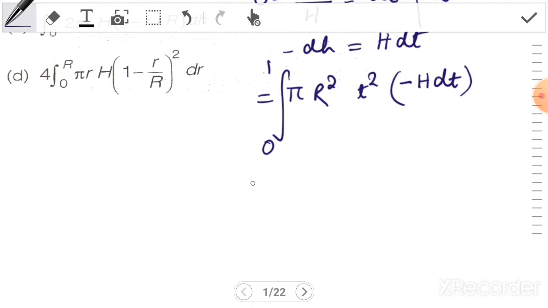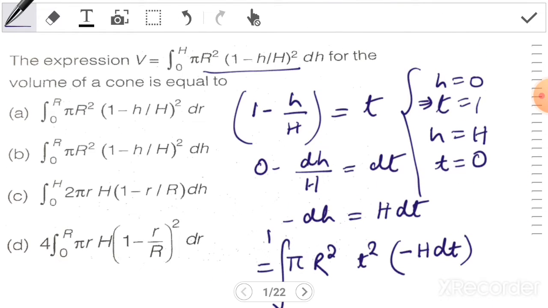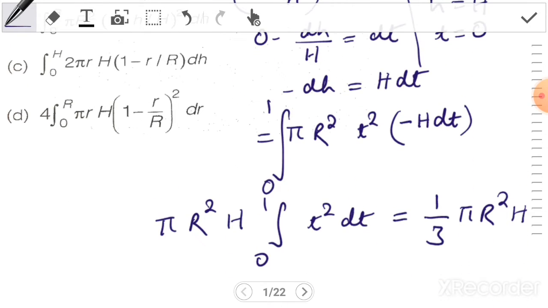Since pi r square h is a constant, we can take pi r square h out and integrate t square dt from 0 to 1. So we will get 1 by 3 pi r square h. And we know that the volume of a cone is equal to 1 by 3 pi r square h. Yes.